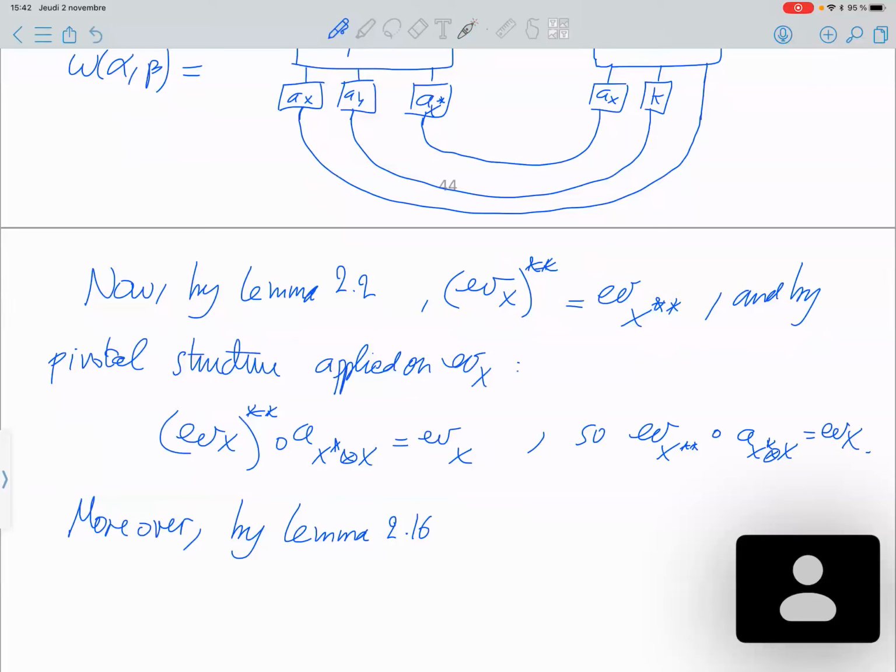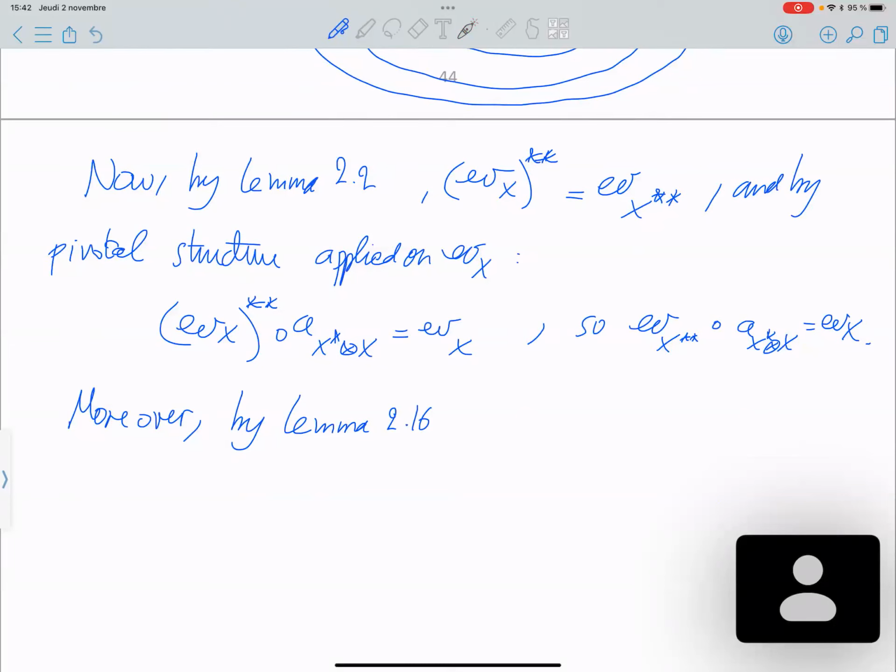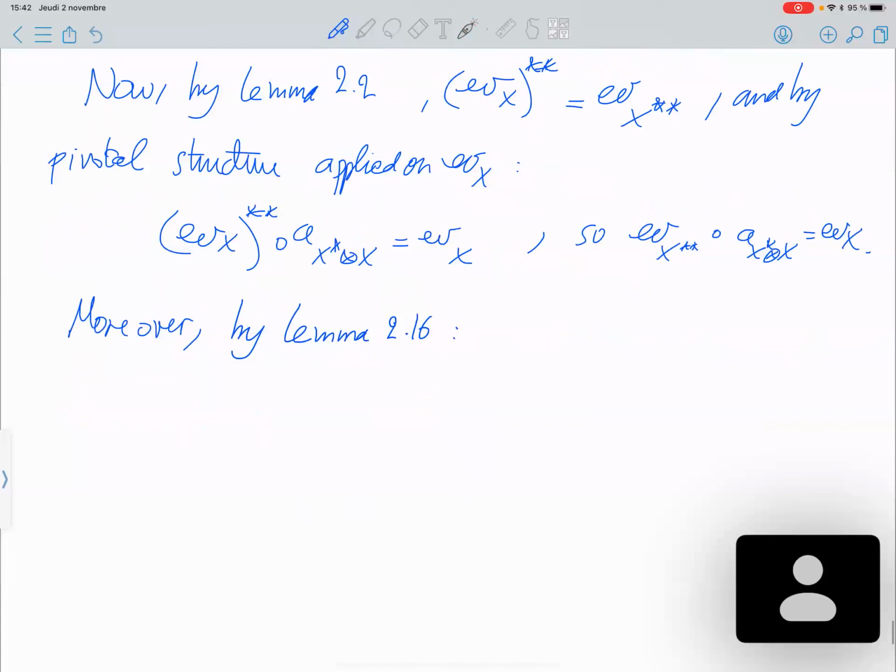So this is exactly what we will apply here. We stated this lemma by a picture and by a formula. So let me write the exact formula we will need: evaluation map of Y star composed with AY tensor kappa equal second Frobenius-Schur indicator of Y star, evaluation map of Y composed with kappa tensor identity.